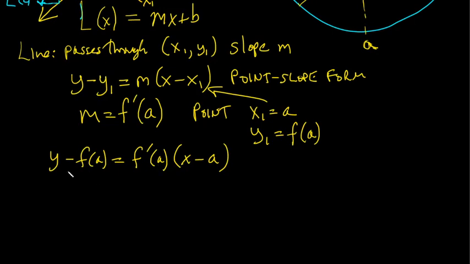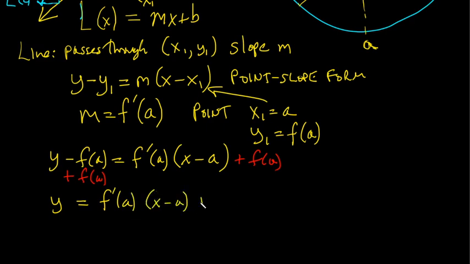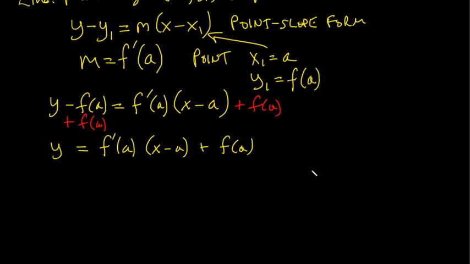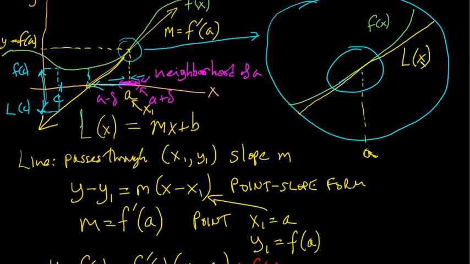Let's see if I can do that. Plus f of a, plus f of a. So my equation will be y equals, again, m is just f prime of a, times x minus a plus f of a. And that is what the book calls L of x.